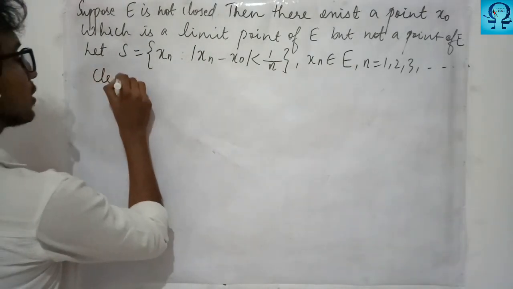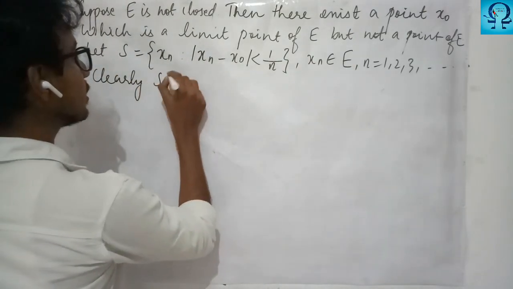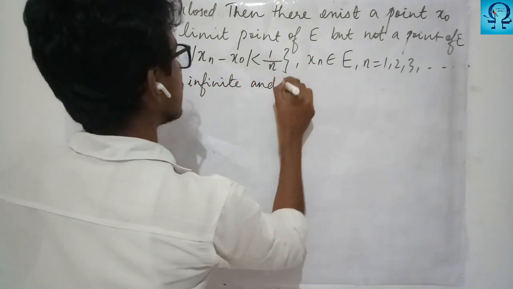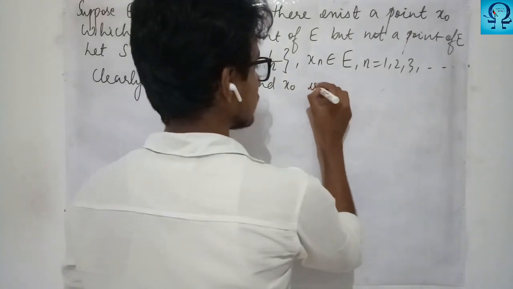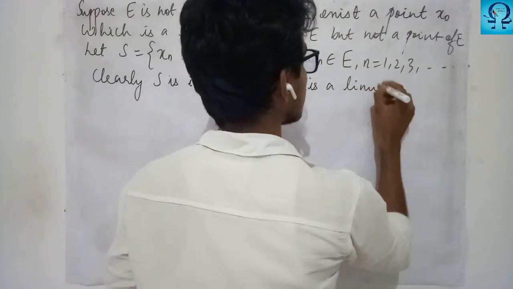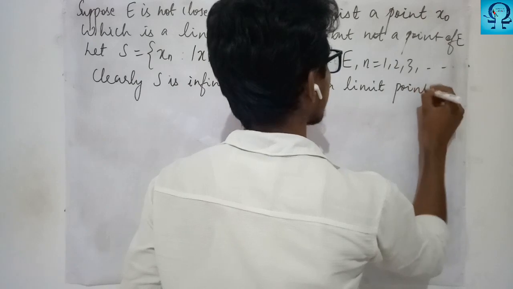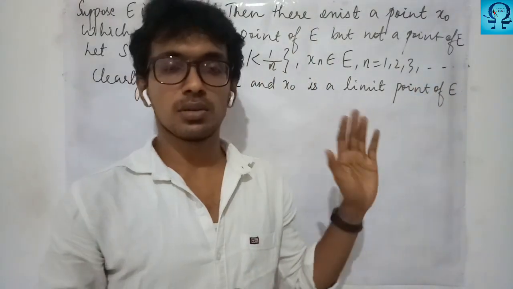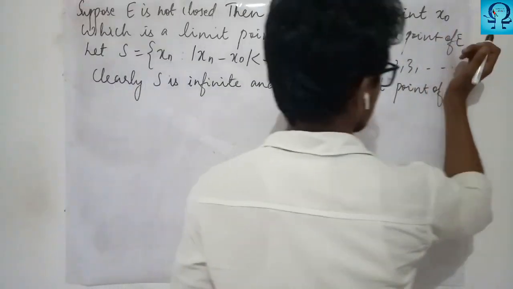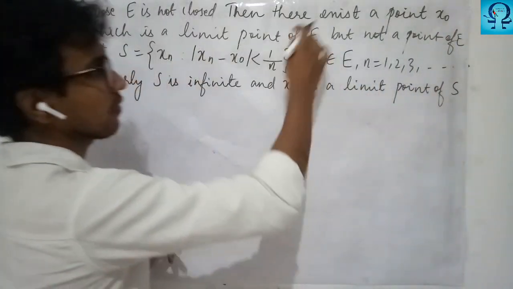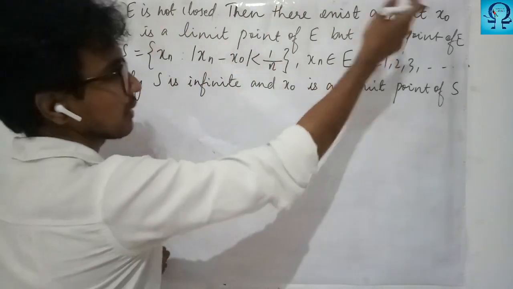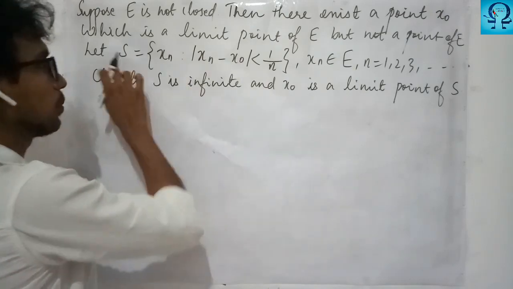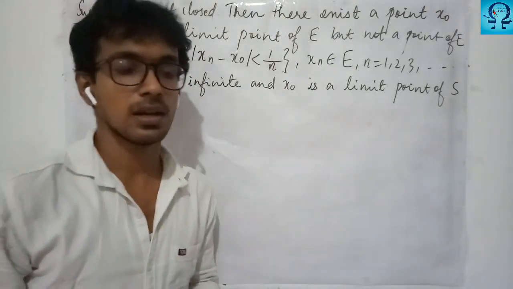So clearly the set is infinite and x naught is a limit point of E. Okay, so this is a limit point of S, because in the assumption itself we have taken that x naught is the limit point of E. This x naught is also a limit point of this S, right?